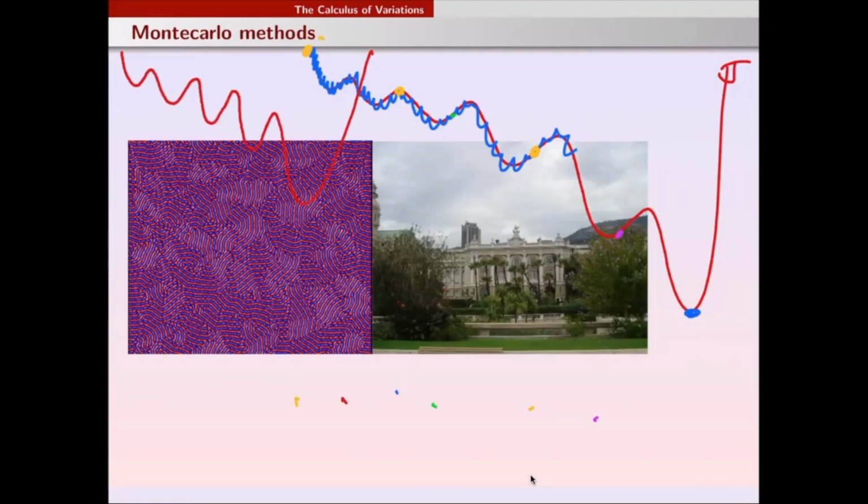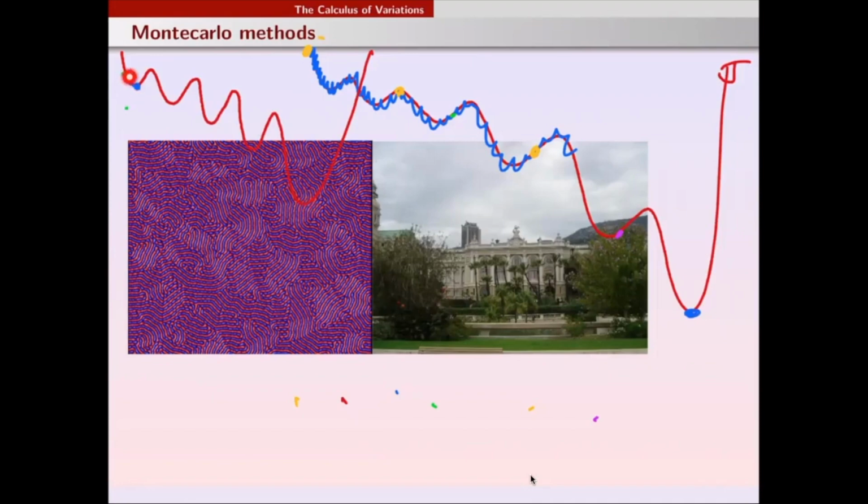Because what does gradient descent do? If you start from a point which is in here, gradient descent will bring you to this local minimizer, but it will never get you to this global minimizer.